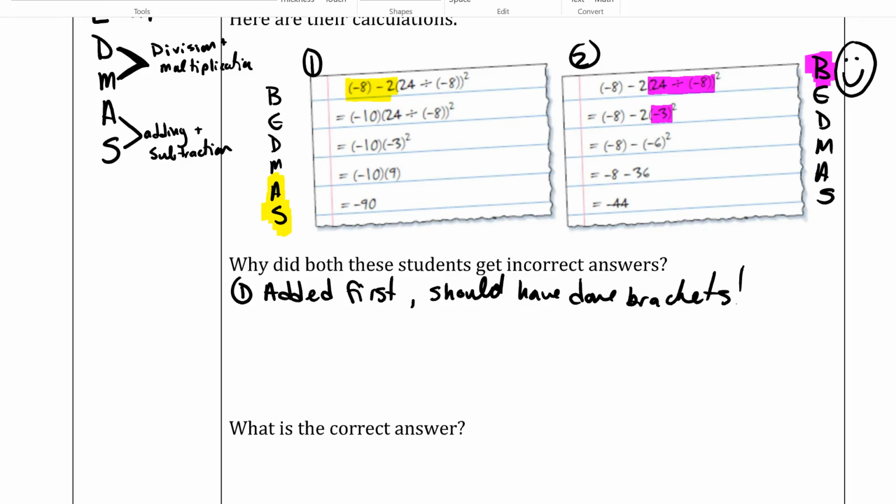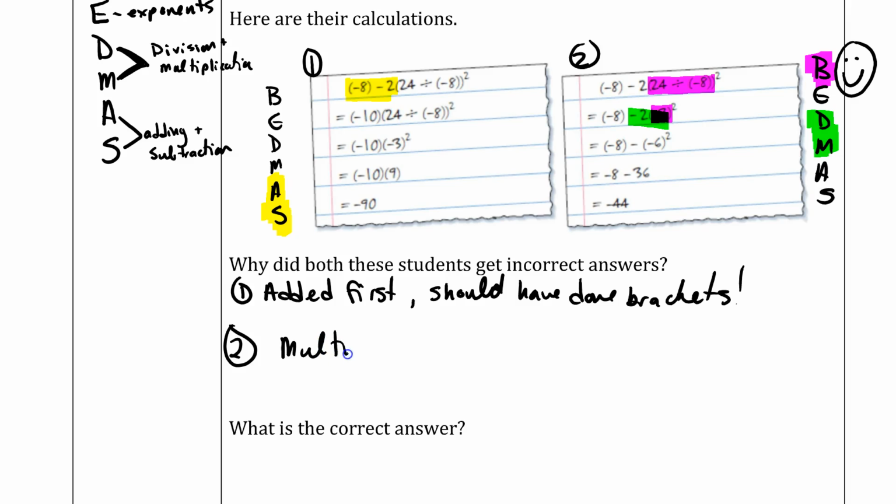Unfortunately, the next thing the student does is multiplication and division, even though there's an exponent that needs to be completed. So student number 2, the mistake they made was they multiplied before exponents.